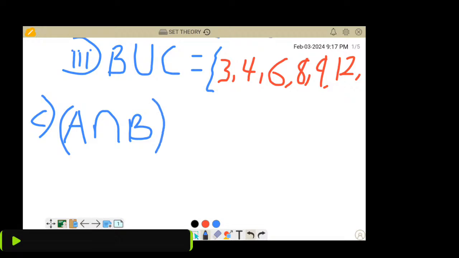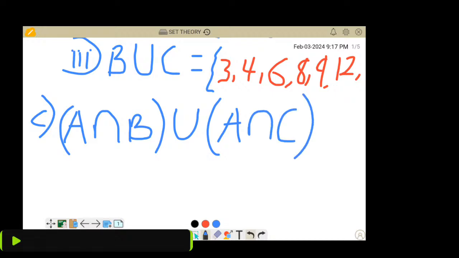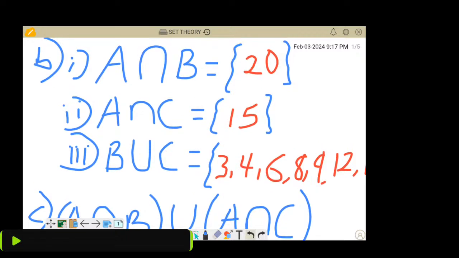A intersection B union A intersection C. We've done that already, so let's just bring the value down. Let's check again. This is our A intersection B, which is equal to 20.